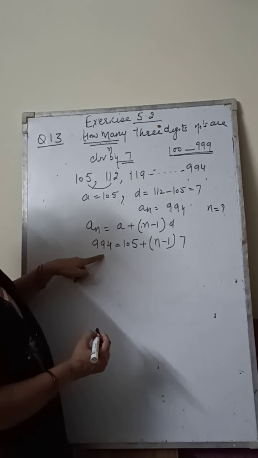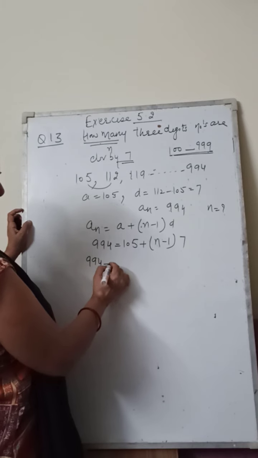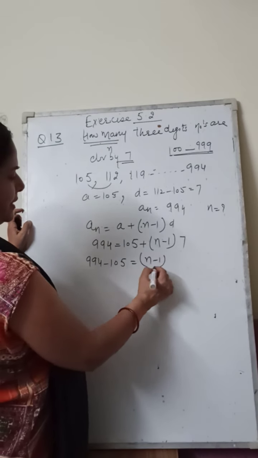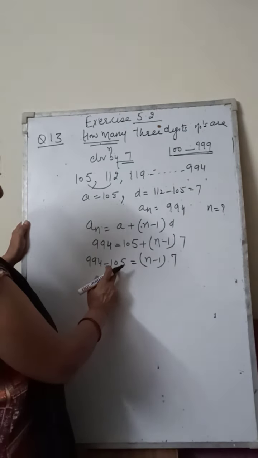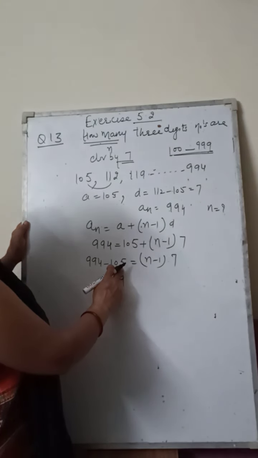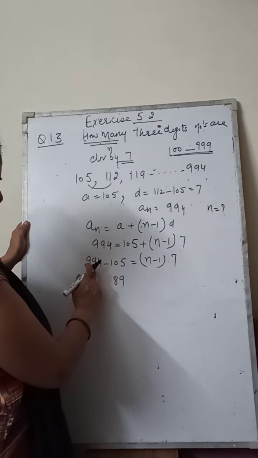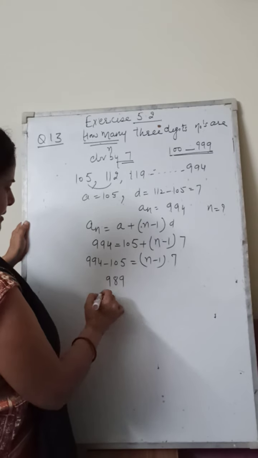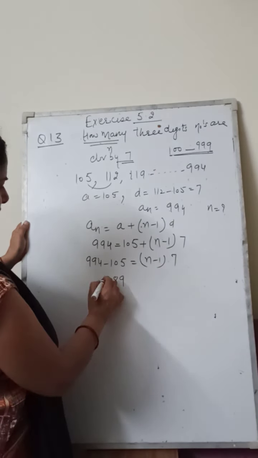This will come to this side, it becomes minus. 994 minus 105 is equal to (n minus 1) into 7. It comes out to be 14 minus 5, 9, 8, and here what will be left? 8. It will be left 8, 889.